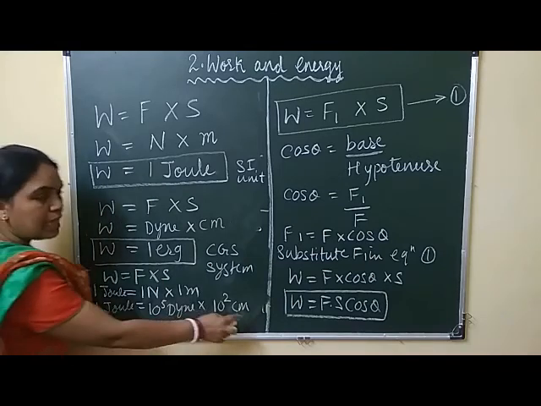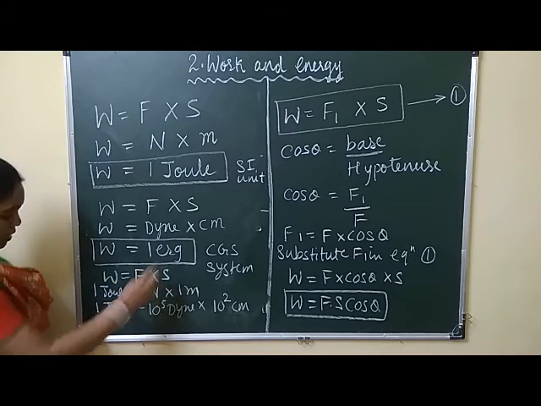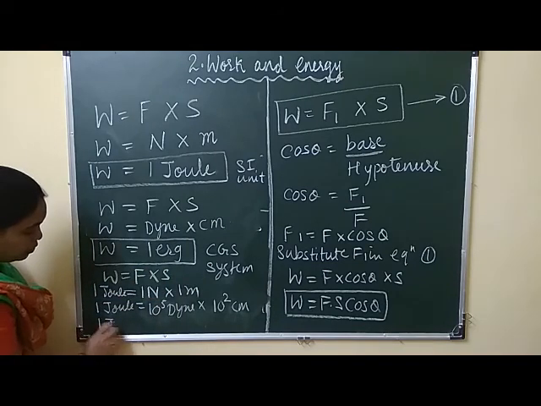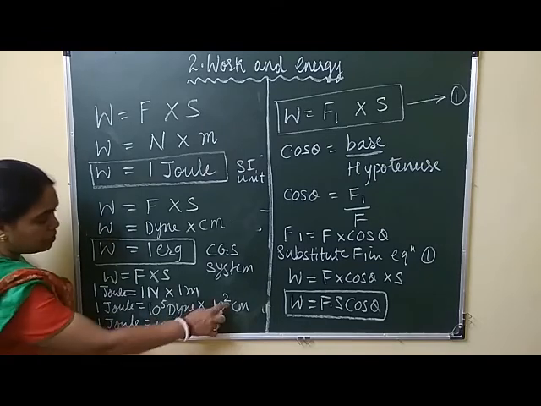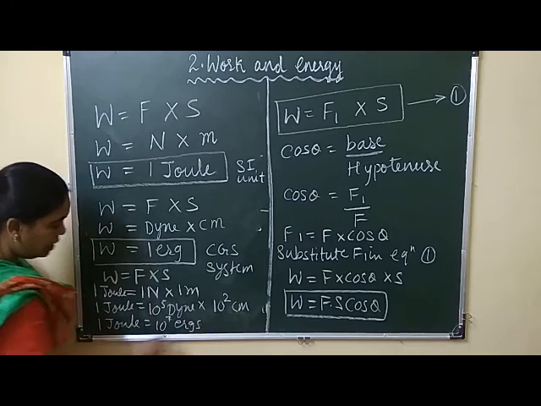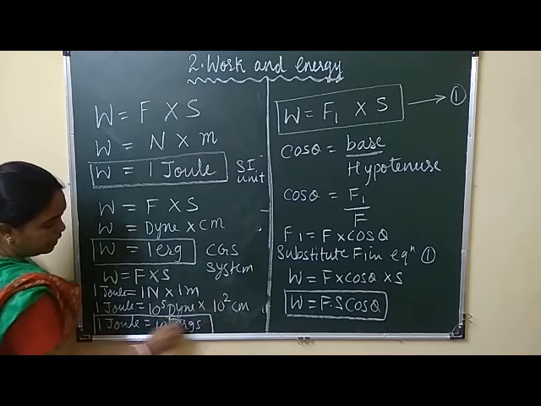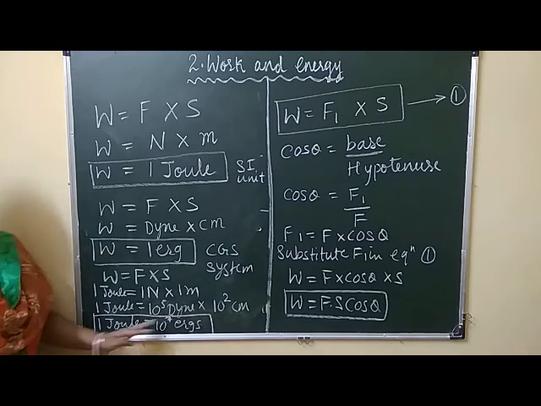So it becomes dyne centimeter. Dyne centimeter is your erg. Means 1 joule equals 10 raised to 5 plus 2, that is 10^7 ergs. This is your relationship between joule and ergs. Okay, so you have to take down the relationship between joule and ergs.